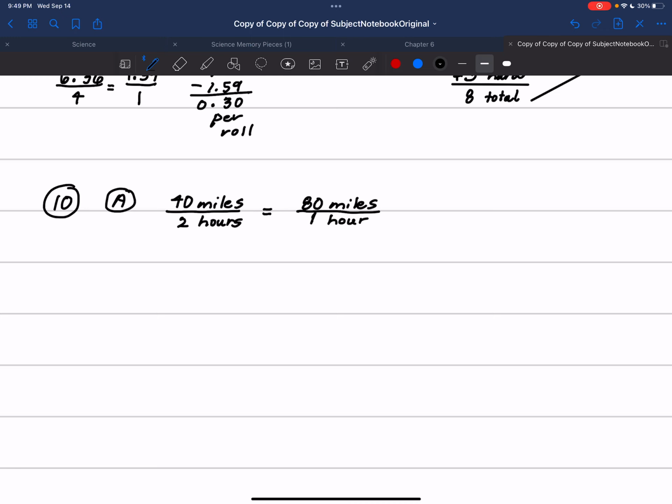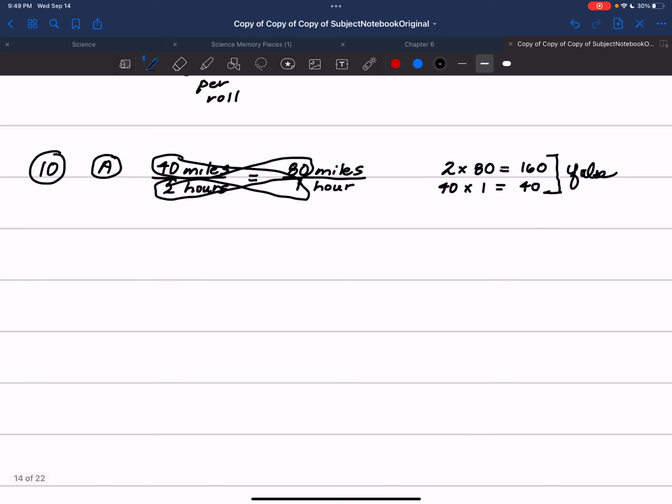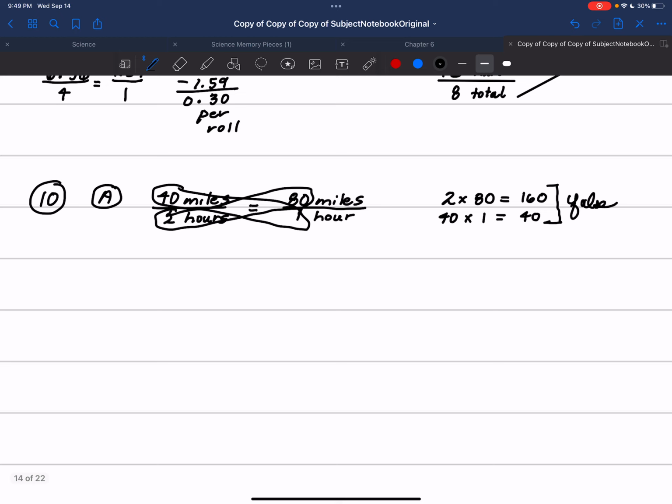So is this proportion true? 2 times 80 is 160. And 40 times 1 is 40. This is not a proportion. Those don't match. So that is a false statement. If I were on a test, I would mark that one and move on because it's not true.